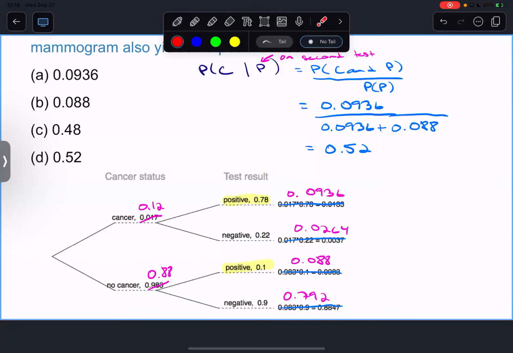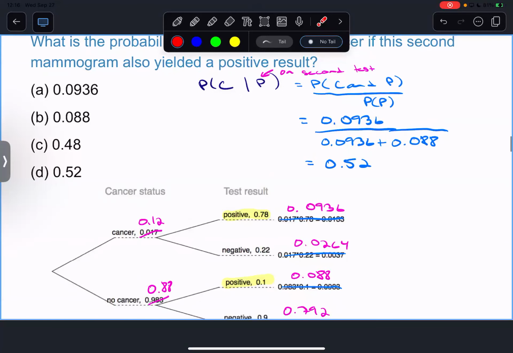Something that trips people up sometimes is having the value in the numerator, but also appearing in the denominator. But notice you can't cancel these because you're adding in the denominator, right? And so you have to absorb them into one value and they don't cancel out.